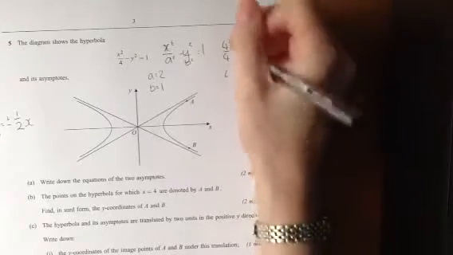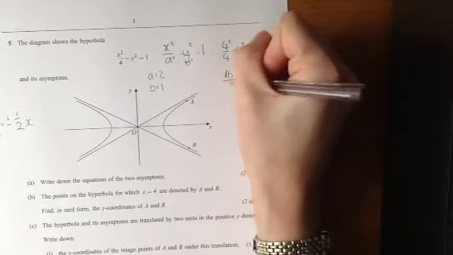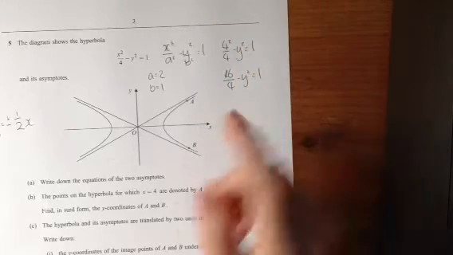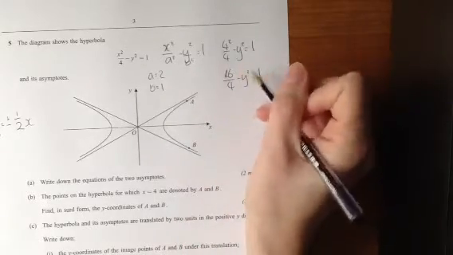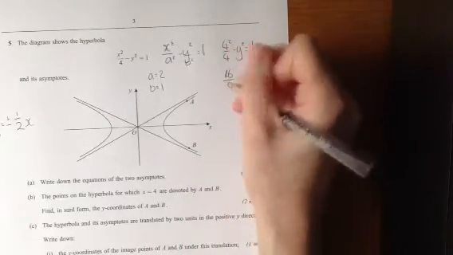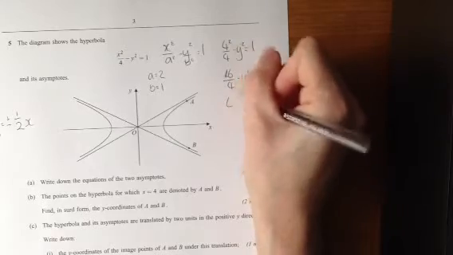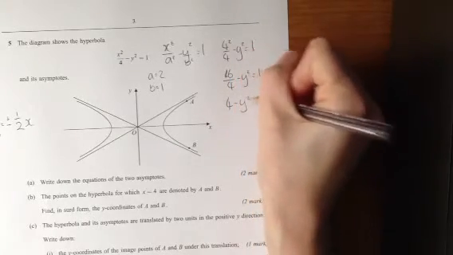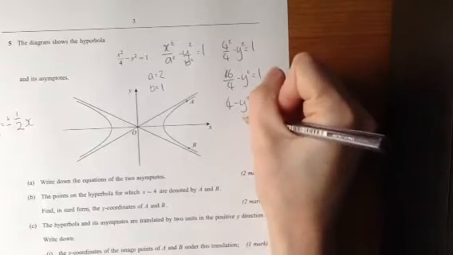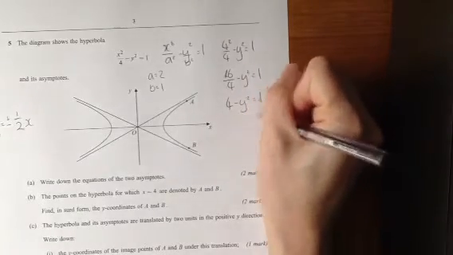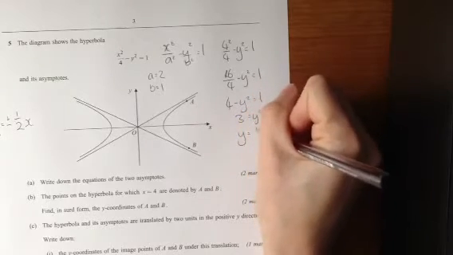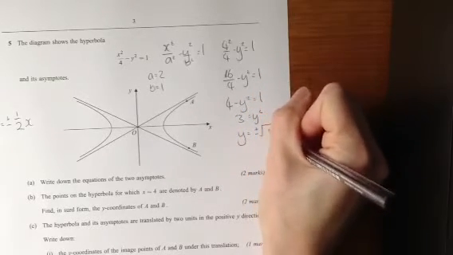So we get 4 minus y squared equals 1. If we take the y squared over there and the 1 over here, we're going to get 3 is equal to y squared. So y is equal to plus or minus root 3.